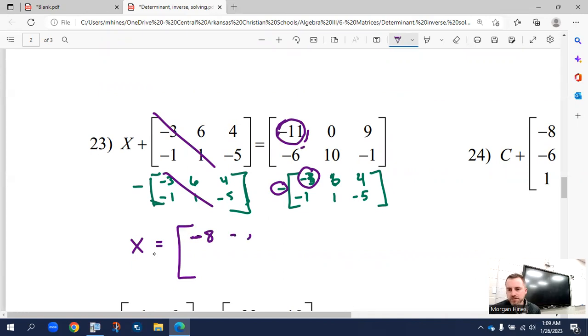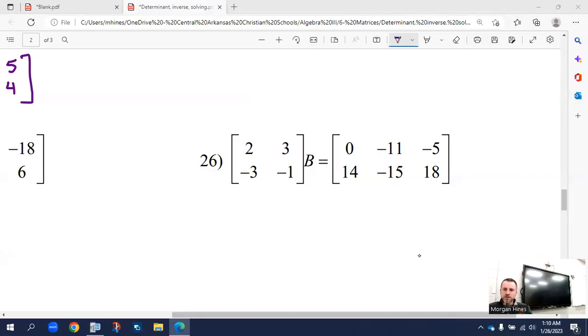That's -6. We have 9 minus 4, which is 5. -6 minus -1, -5. 10 minus 1 is 9. -1 plus 5 is 4. And that's how you do number 23.